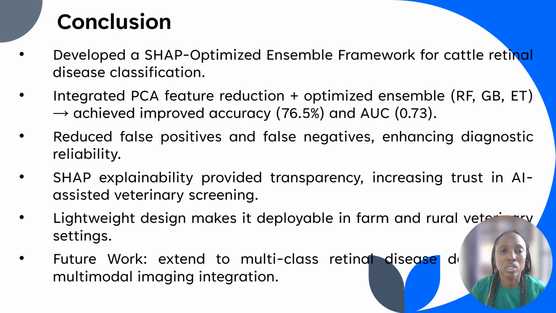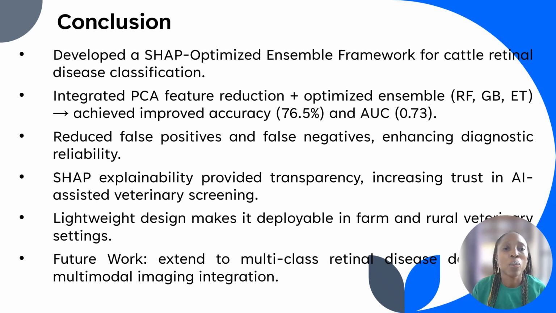In conclusion, we developed a SHAP-optimized ensemble framework for cattle retinal disease classification. Along the line, to optimize the model, we integrated PCA feature reduction with a model optimized with GridSearchCV, and this achieved an improved accuracy of 76.5% and AUC of 0.73.